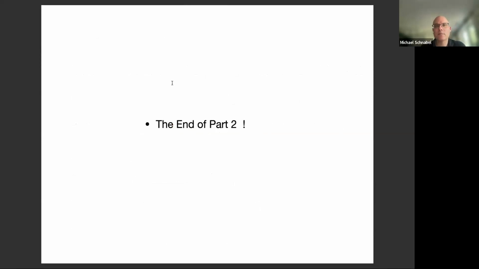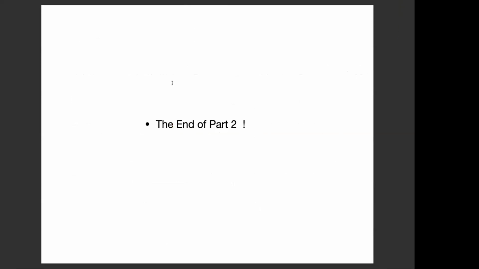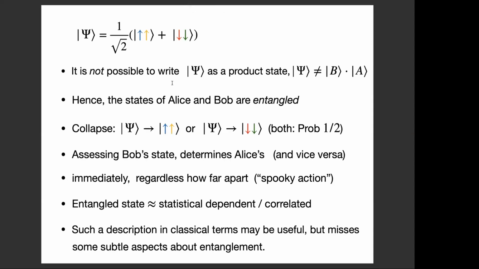Are there any questions? Was this sufficiently clear? Maybe I have a question, also concerning the last slide. Is it possible to say that this entangled state is the same as a perfect correlation?